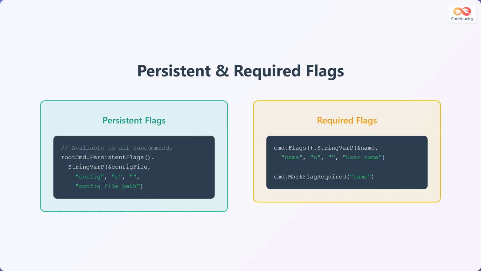Required flags ensure that users provide essential information before your command can execute. After defining a flag normally, you use the MarkFlagRequired method with the flag name to make it mandatory. If users don't provide required flags, Cobra automatically shows an error message and the command's help information, preventing your command from running with incomplete data.